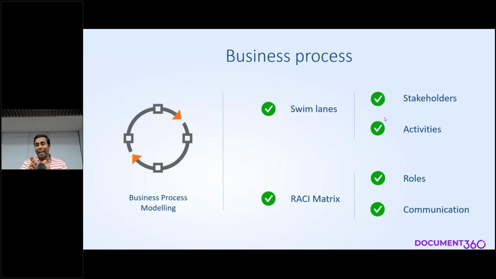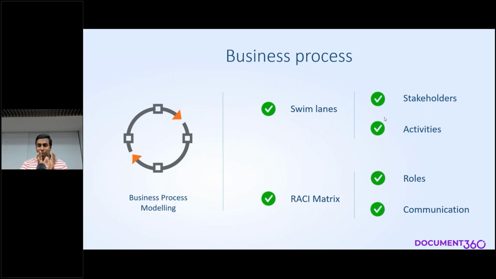So that's exactly where this RACI matrix comes in. It gives you 100% clarity for all your stakeholders on what role they actually play in your documentation workflow. And more importantly, it also gives you a clear communication channel. So who is responsible for informing someone, who is responsible for consulting with someone, that is all charted in this RACI matrix.